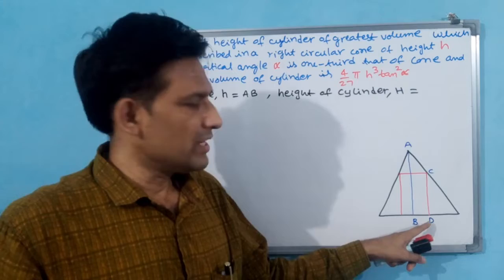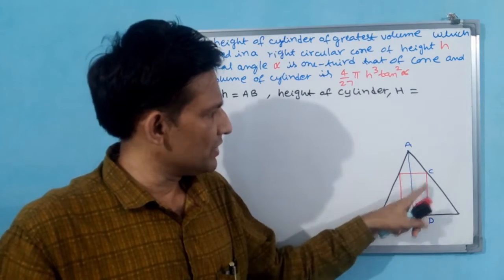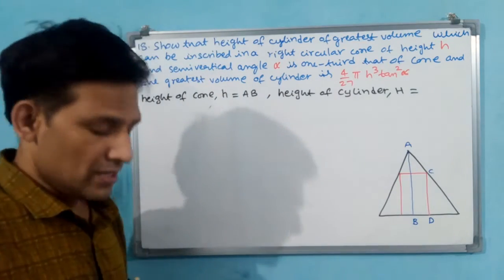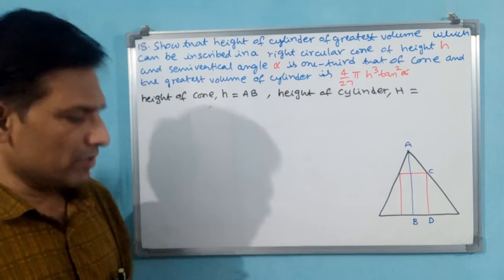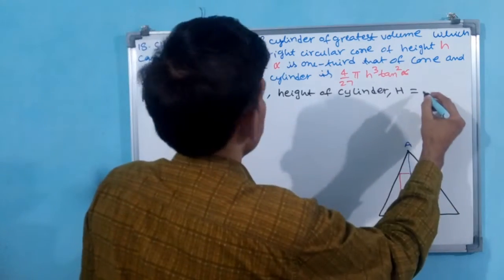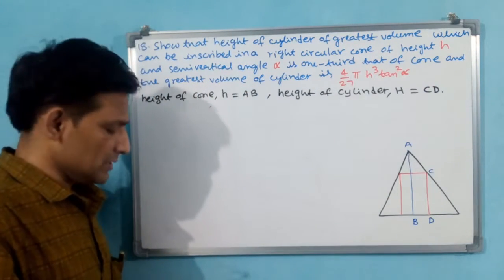AB is the cone, CD is, see here, the center point we will take afterwards, but CD and this B point are the same. That means CD is also the height of the cylinder. That is why I have written CD, height of the cone and height of the cylinder.